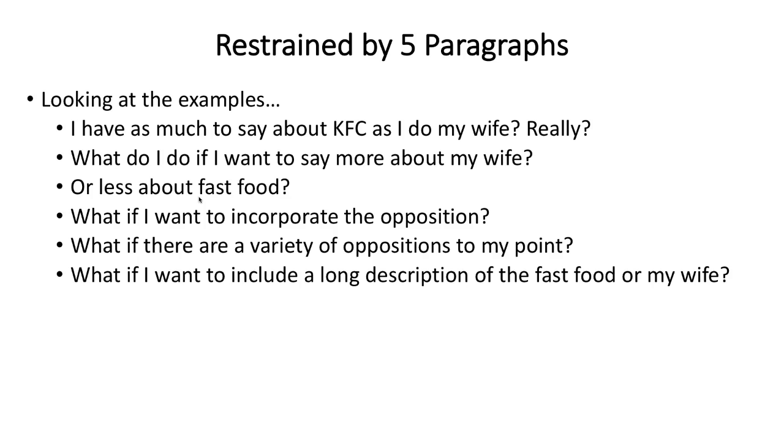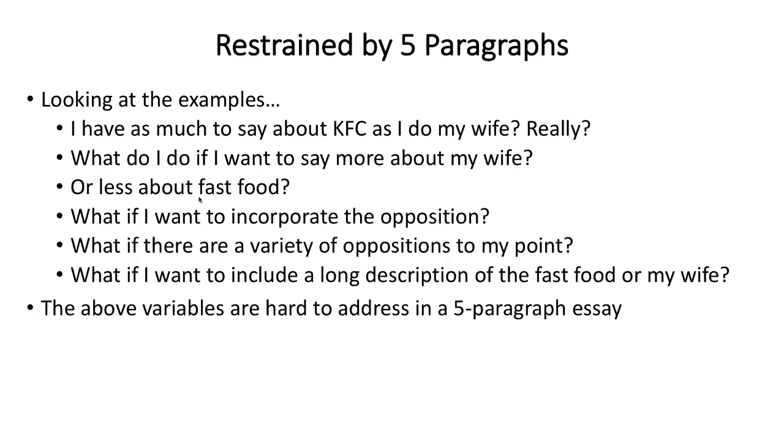Maybe I want to describe it in a whole paragraph and then analyze it in the next paragraph. Well, 5-paragraph essay doesn't allow you to do that. You have to talk all about that one idea in that one paragraph. So all these bullets are kind of hard to address in a 5-paragraph essay.